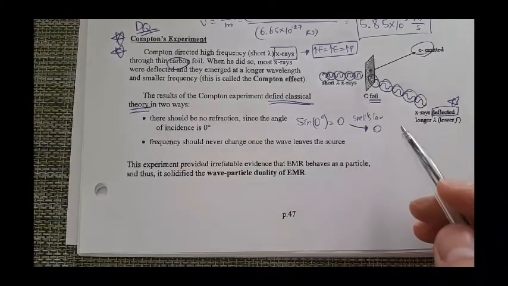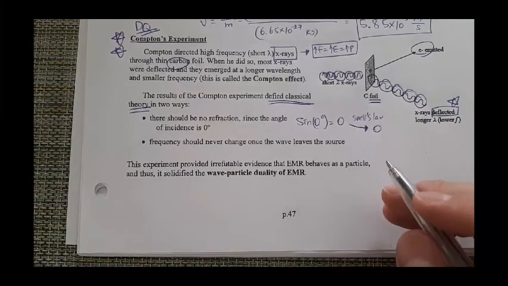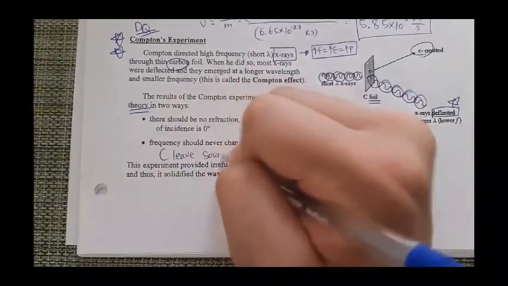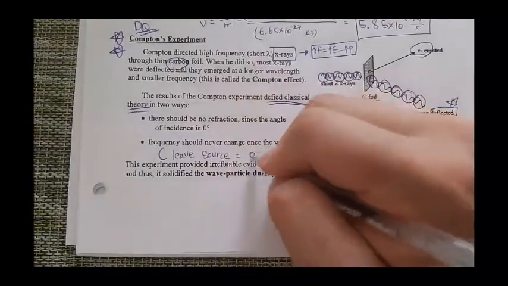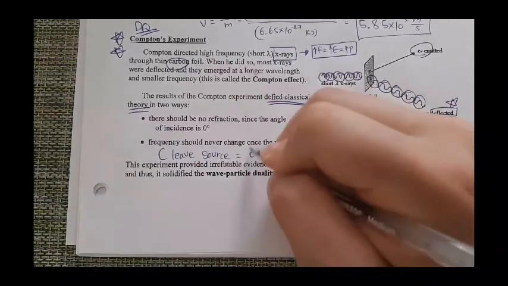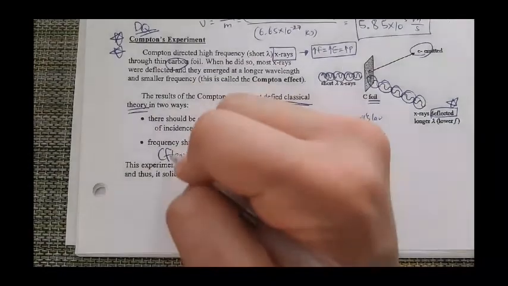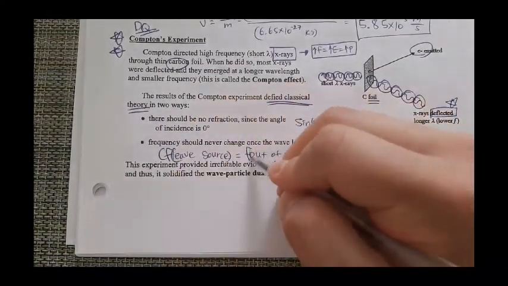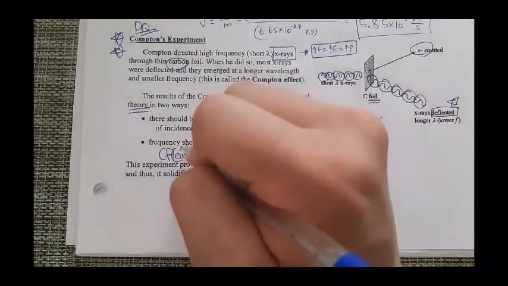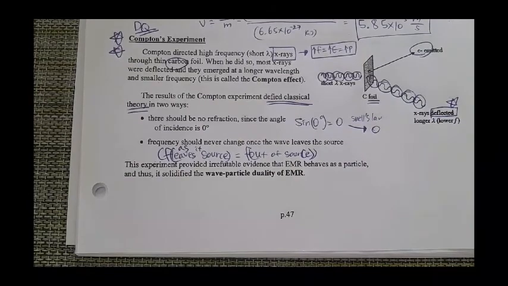Now, frequency shouldn't change, because as soon as you leave the source, that should be equal to whatever frequency you have after you go through the medium. So the frequency after leaving the source, the frequency outside of the source, should be the same.